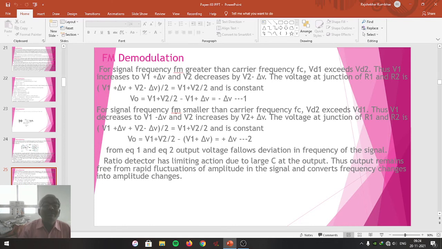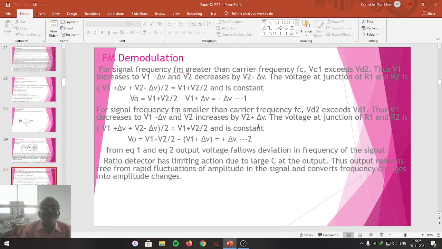Suppose the signal frequency Fm is smaller than the carrier frequency Fc, then VD2 exceeds VD1. So V1 decreases by delta V, that is from V1 to V1 minus delta V, and V2 increases from V2 to V2 plus delta V. Thus the voltage at the junction of R1 and R2 is (V1 minus delta V plus V2 plus delta V) upon 2, which is equal to (V1 plus V2) upon 2.